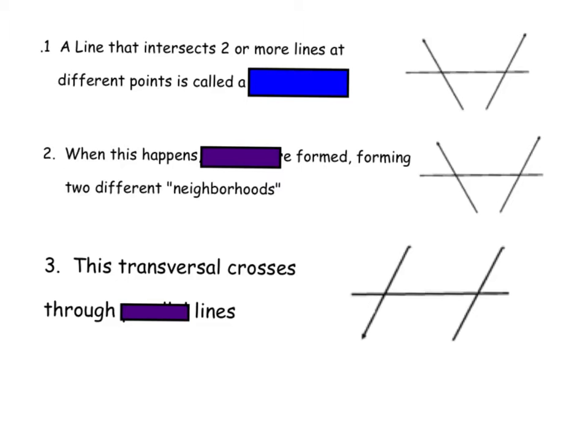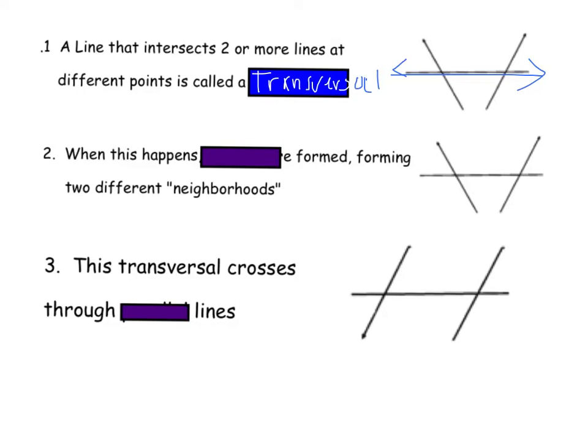A line that intersects two or more lines at different points is called a transversal. And it's this right here. Please remember to pause the video when you need to fill in.